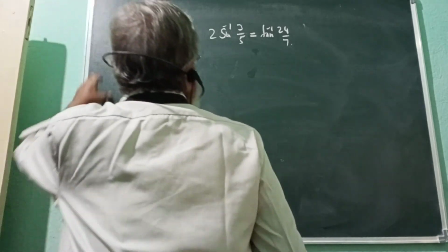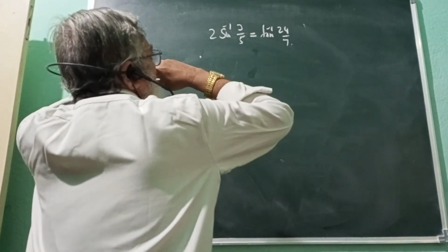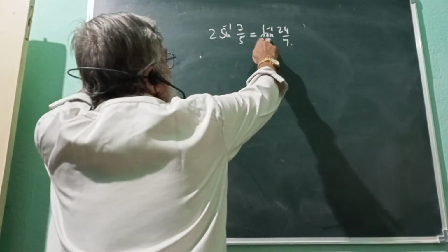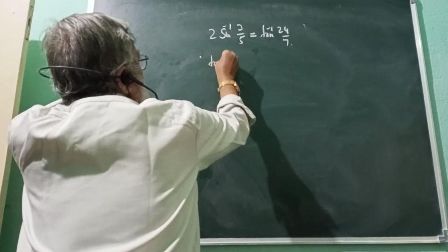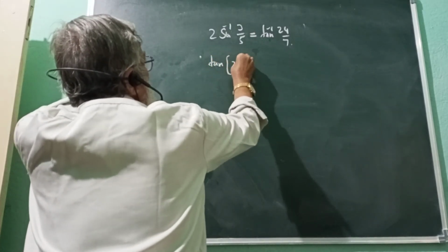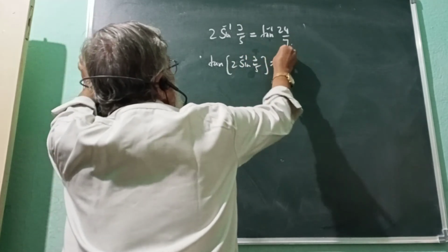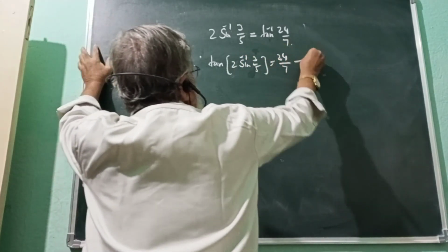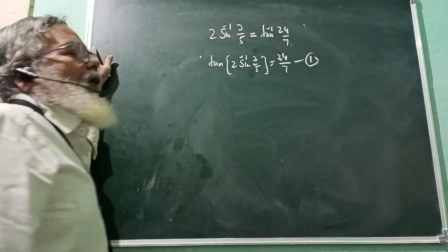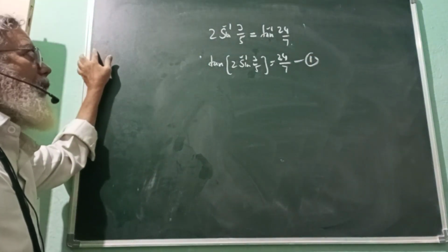Now we can write this as tan of 2 sine inverse 3 by 5 should be proved as 24 by 7, equation 1. If you prove equation 1 means we are proving the given problem.